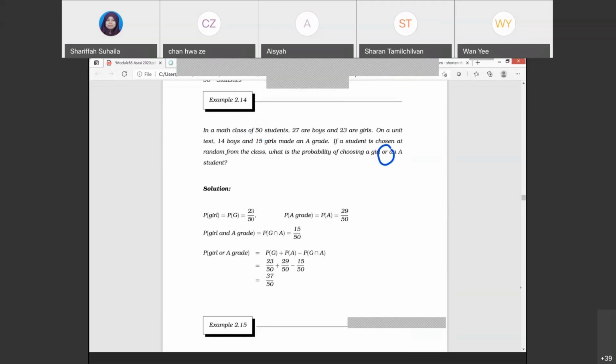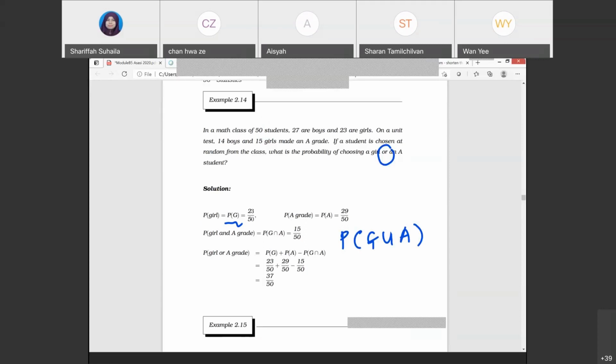So write the symbols: G for girl, A for A grade. G intersect A is 15 over 50. What you want to find is the probability of G union A, so you write the formula: probability of G plus probability of A minus the intersection. G is 23 out of 50, A is 29, and girl and A is 15 over 50. Then you get 37 out of 50.